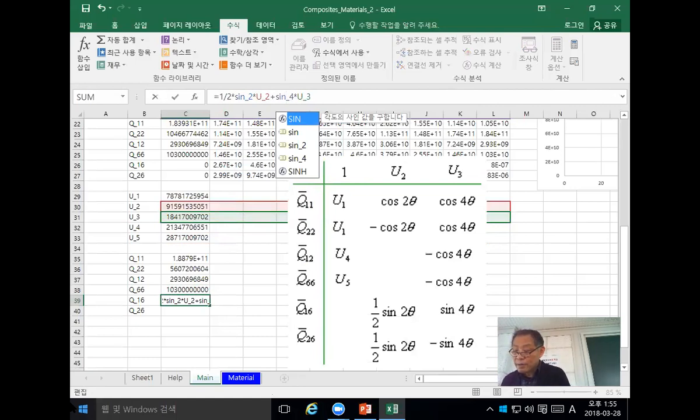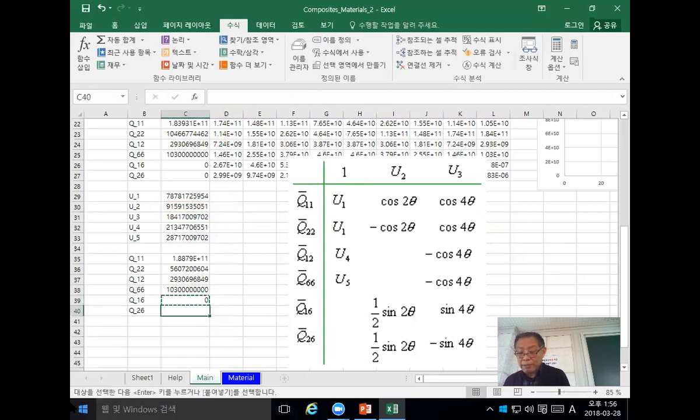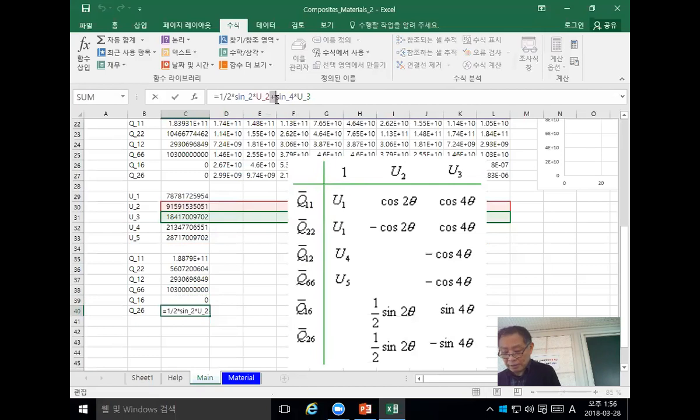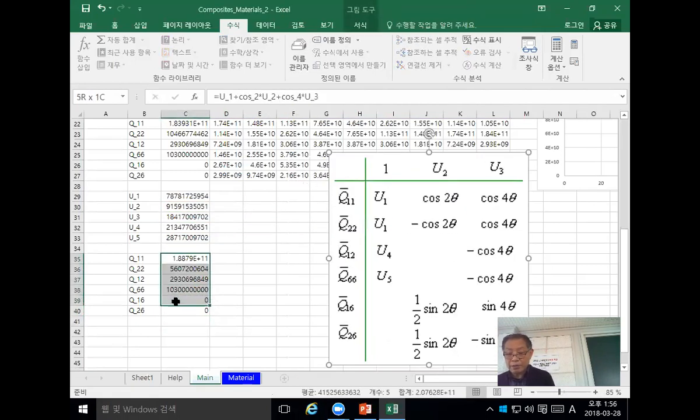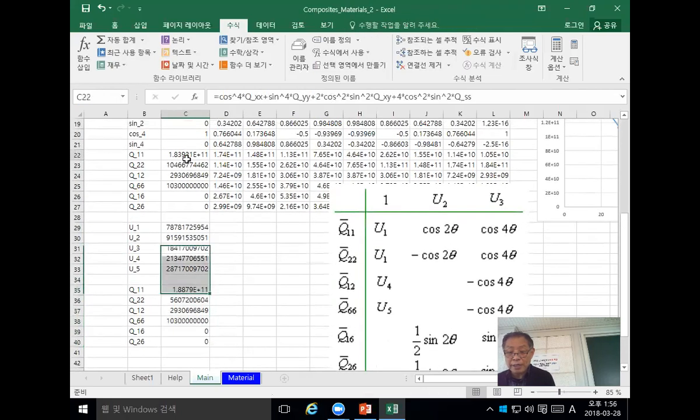Okay? Yes. And copy and paste. And here, instead of plus, we have a minus. Okie dokie. So we just compute, just make sure that these values are the same as this one. Oh, not the same. What's wrong? Instead of this, Q22, 1 cosine 2, 3, up.